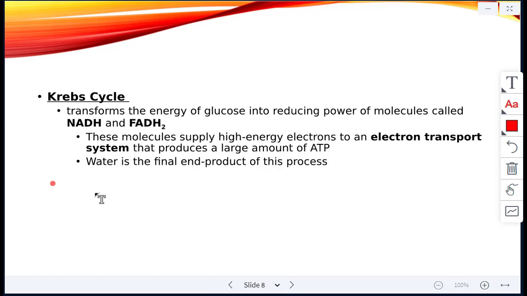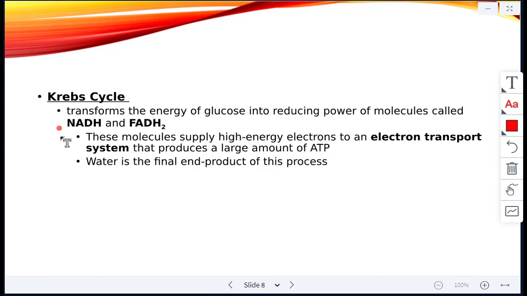Just a quick summary, though, about what happens in the Krebs cycle is you're going to see that there's going to be a transformation where the energy of glucose goes into these two molecules called NADH and FADH2. All right, now don't get these confused.